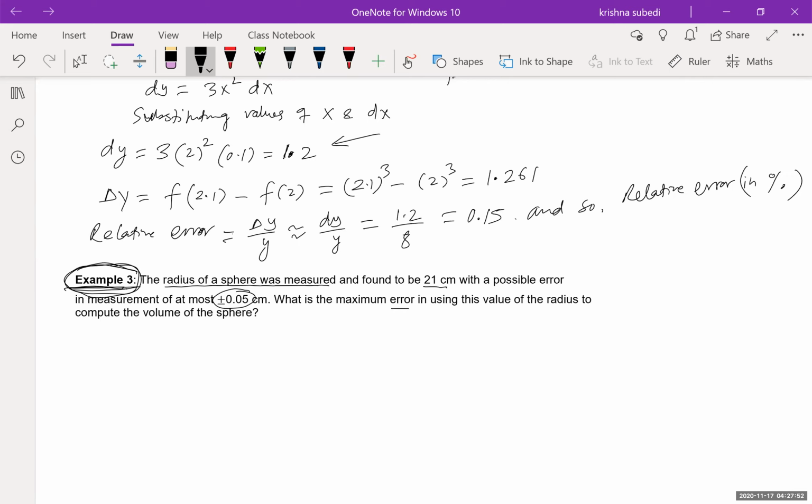What is the maximum error in using this value of the radius to compute the volume of the sphere? You know what a sphere is, right?